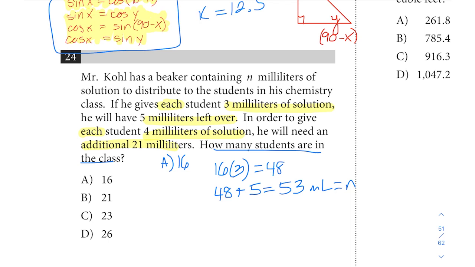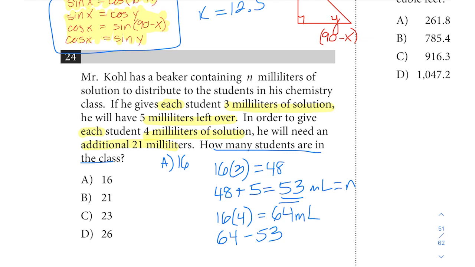In order to give each student 4 milliliters, he would need an additional 21. Let's try it. If 16 students were to get 4 milliliters each, 16 times 4 is 64. He has 53. Is that an extra 21 to get to 64?